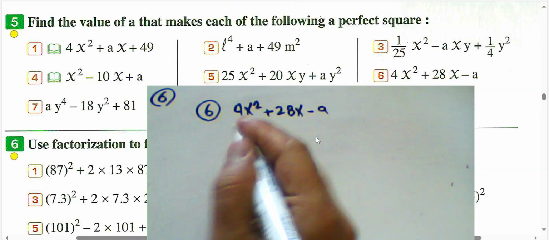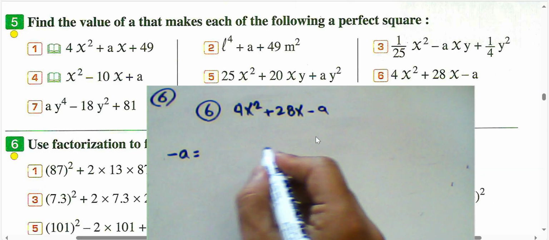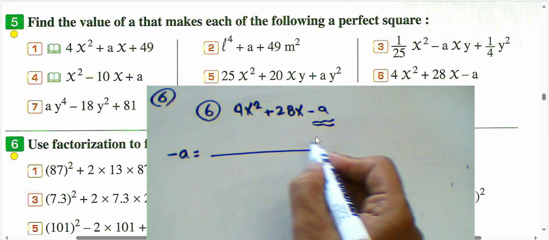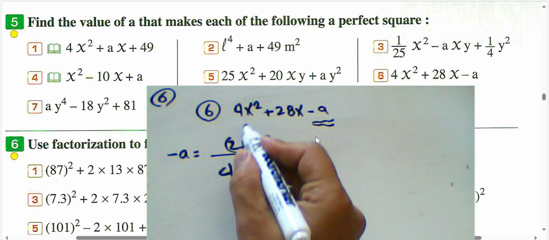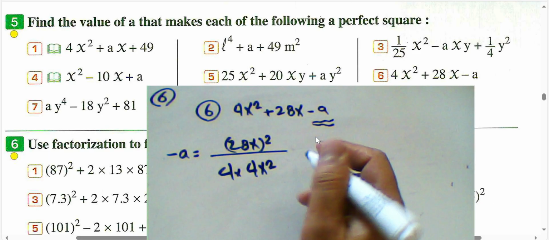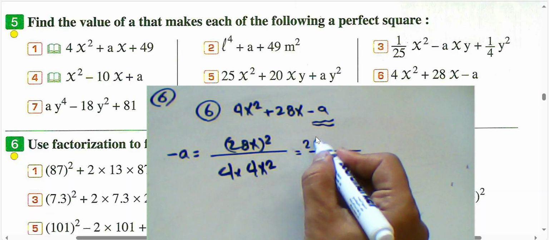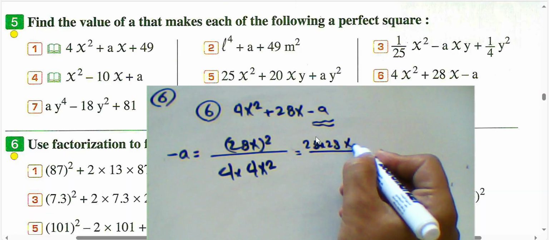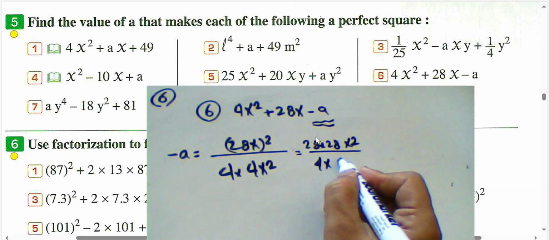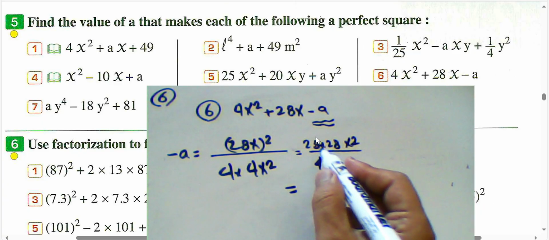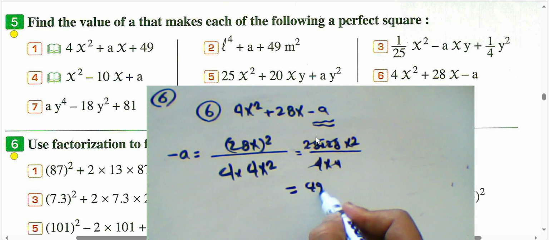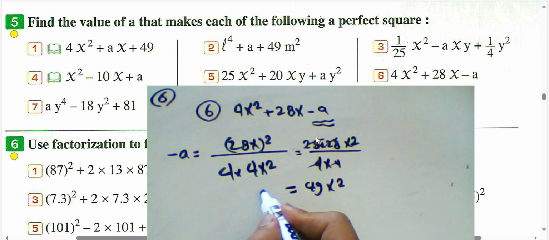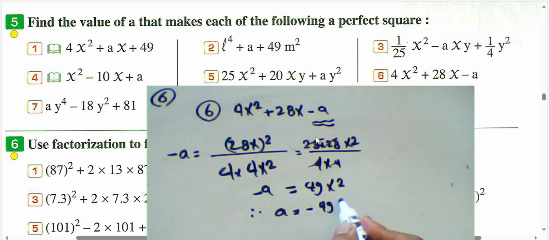Then we can write negative a equal to the middle, 28x all power 2, over 4 product by the third, 4x power 2. 28 power 2 is 28 times 28 x power 2, over 4 times 4. 28 divided by 4 is 7, and here 7 times 7 is 49. 49x power 2 equals negative a. Then the value of a here will be negative 49x power 2.